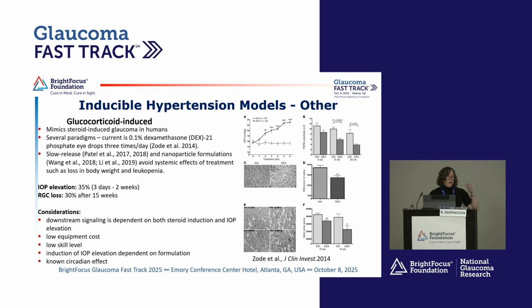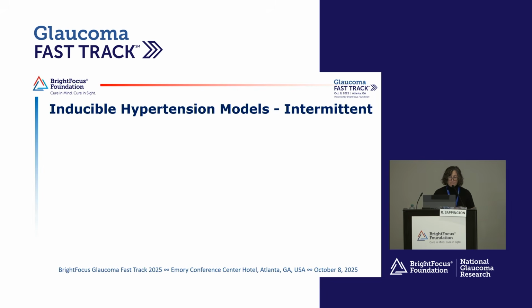And there are modifications to this model that now address potential systemic effects and look at slow release or nanoparticle formulations that reduce the labor required to keep administering the drops.